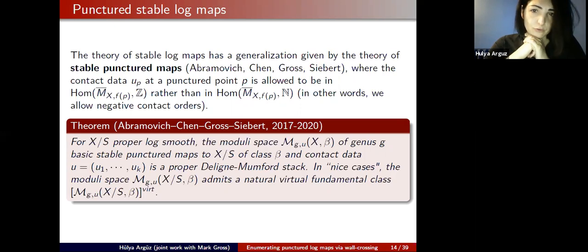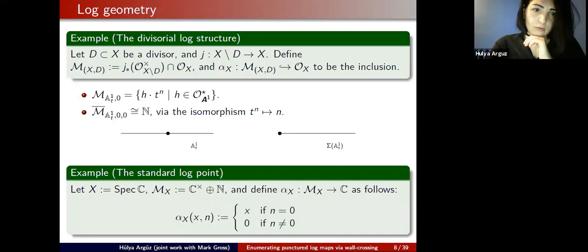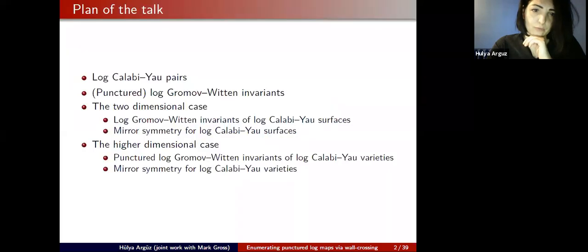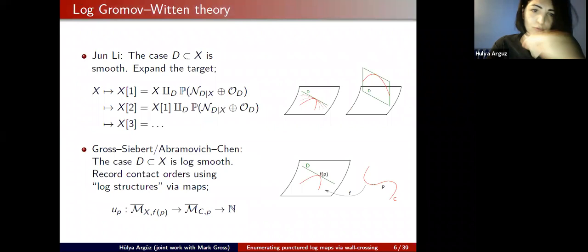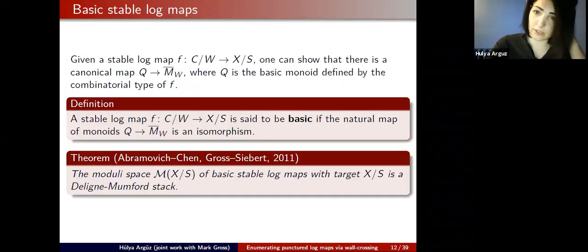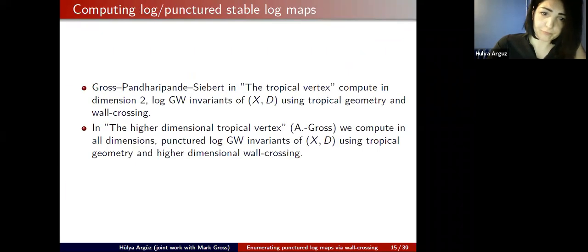They considered punctured log maps, where they allow negative tangency orders by modifying the sheaves of monoids which record the contact data. So your contact data is no more a map to the natural numbers, but you modify these sheaves, which record contact data, so that you have a map to the integers, and this means you allow negative tangency orders.